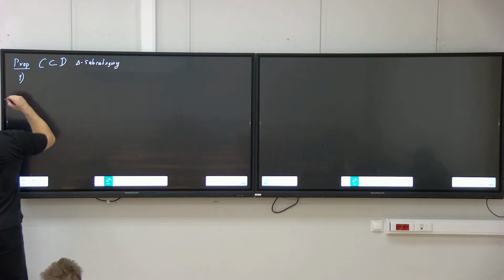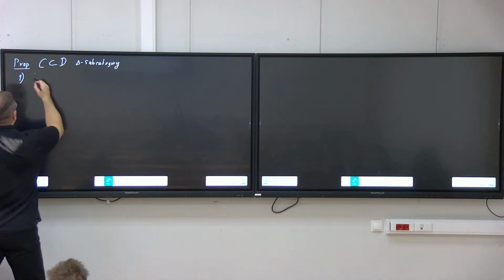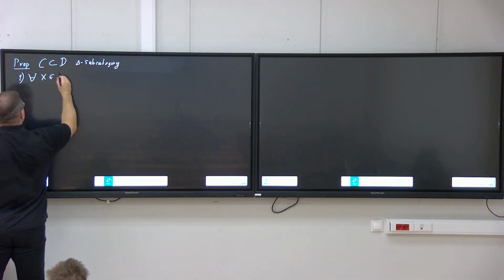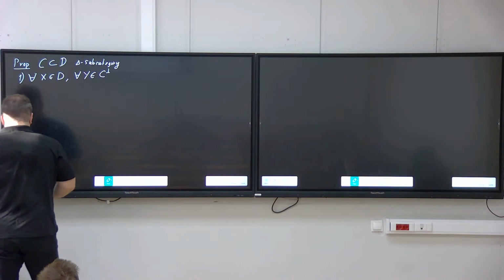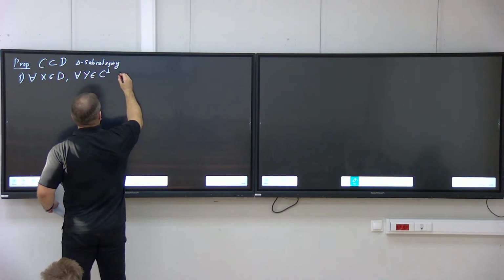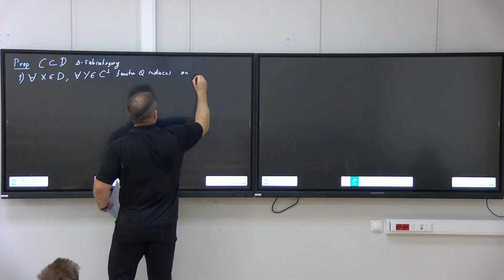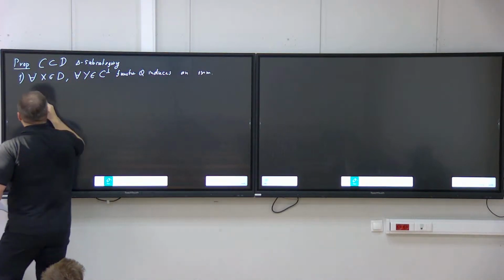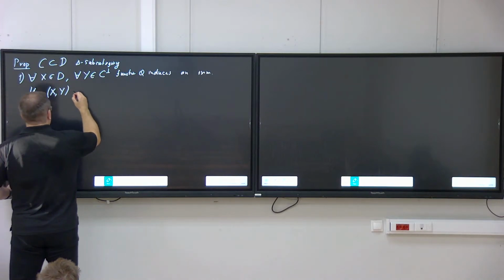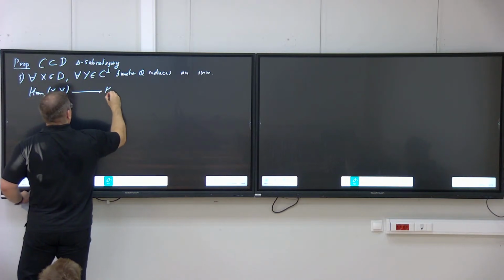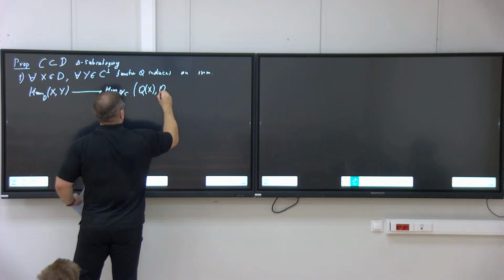So then the first statement is that, for any object x in the category D and any object y from the right orthogonal complement to the subcategory C, the quotient functor Q induces an isomorphism of abelian groups, namely from Hom between objects x and y in the category D, via the induced map given by the functor Q, to Hom in the quotient D/C between Q of x and Q of y.